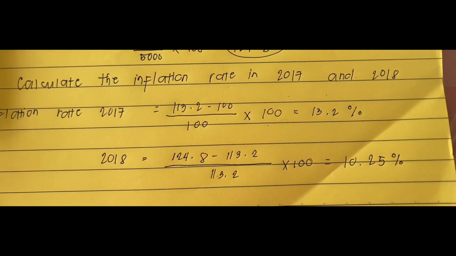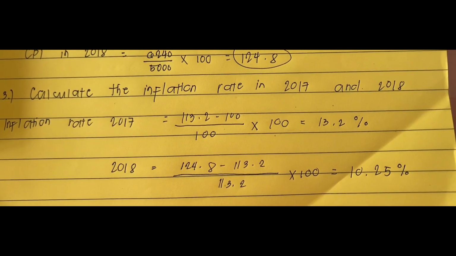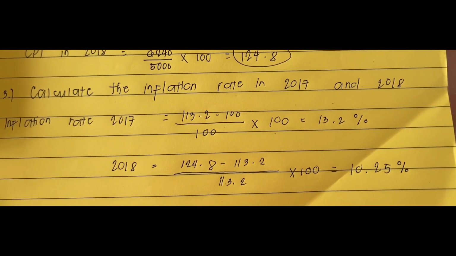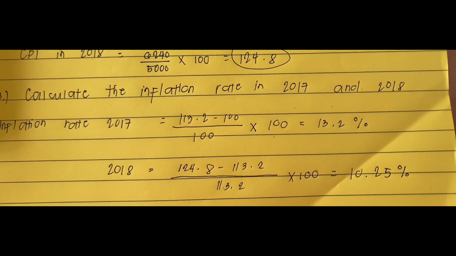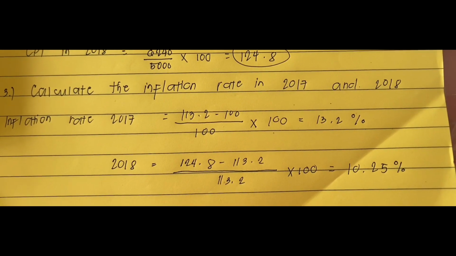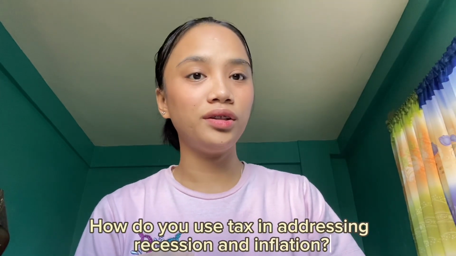In 2018, we have 124.8, which is the CPI in 2018, minus the CPI in 2017, 113.2, divided by 113.2 times 100 equals 10.25%.